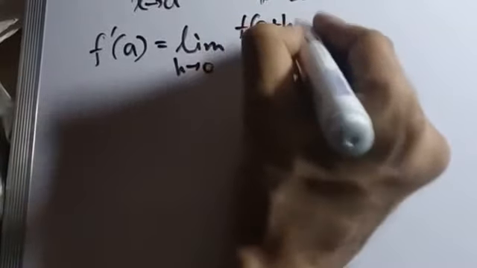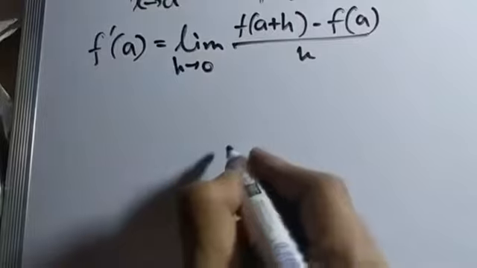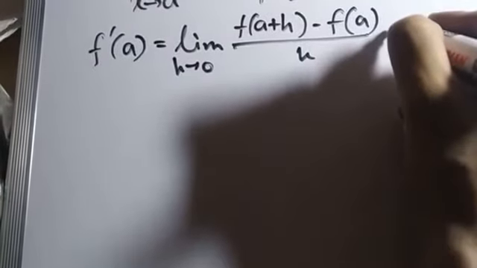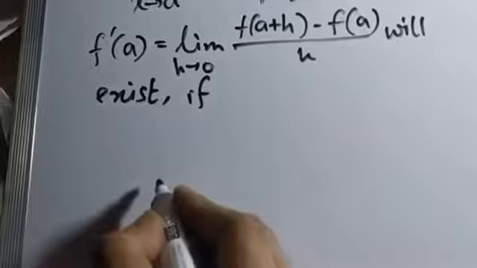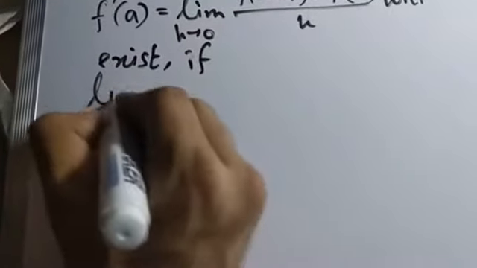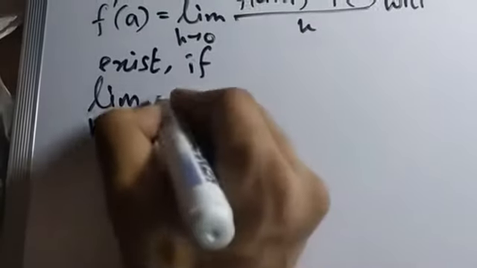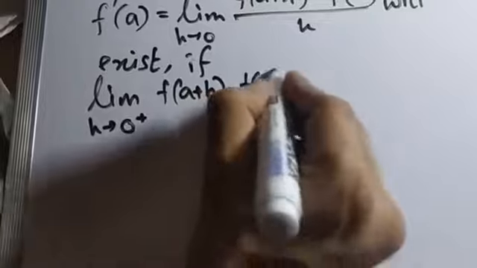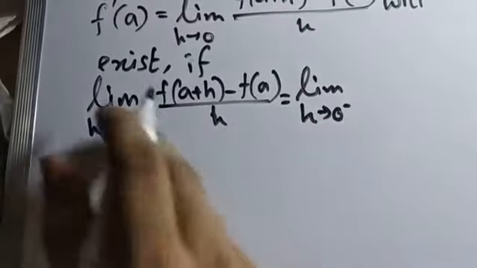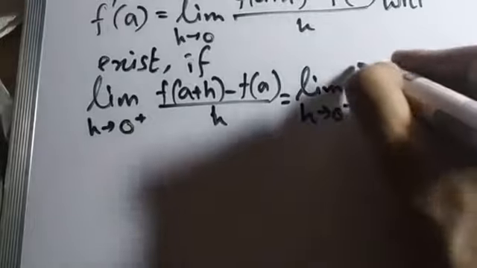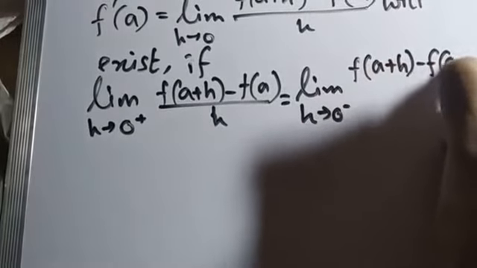So we will say that f dash a, that is the limit as h tends to 0 of f of a plus h minus f of a by h, will exist if the right hand limit, h tends to 0 plus, and the left hand limit, h tends to 0 minus, exist and are equal.